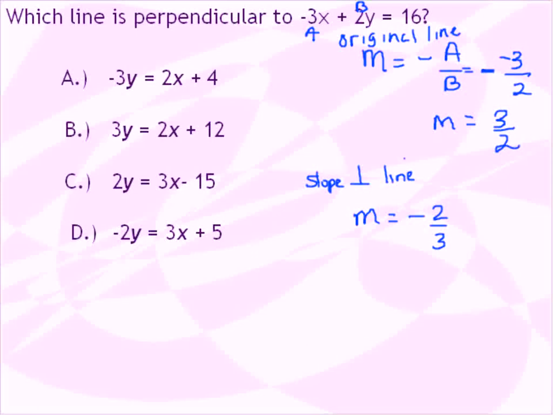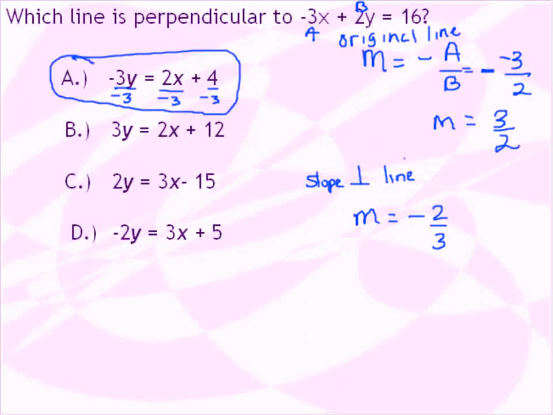So what you can do is go through the list that they give you, dividing each equation by the number multiplying the y, and then you can easily see the slope of these lines. So if I divide both sides by -3 here, that gives me, for answer A, a slope of -2/3. So I know right away that this is my correct answer.